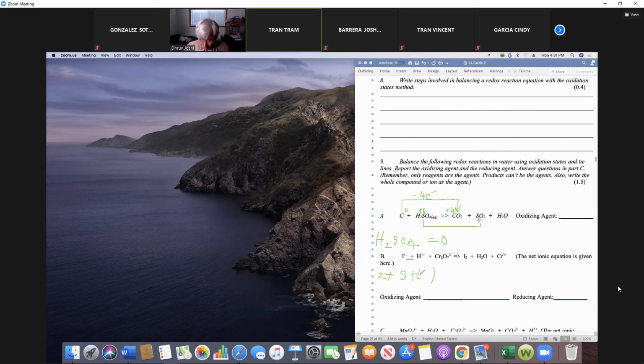What is the oxidation number of 1 oxygen, an oxygen atom in a compound? We just talked about it. Hydrogen is 1 plus and oxygen is 2 negative.